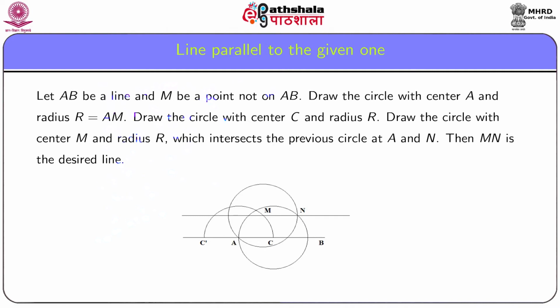So MN is the line which is parallel to the given line AB and passes through the given point M.